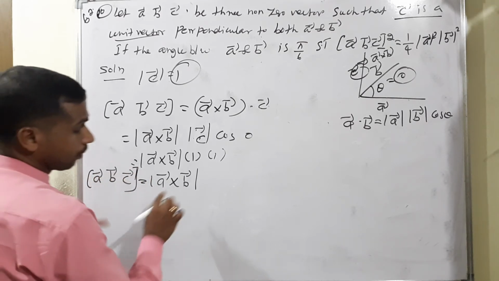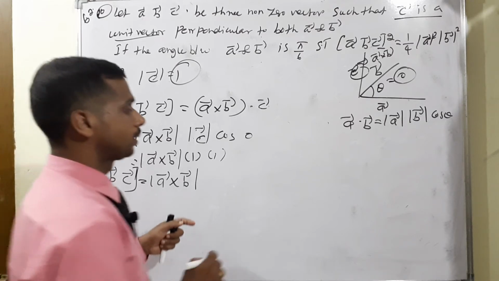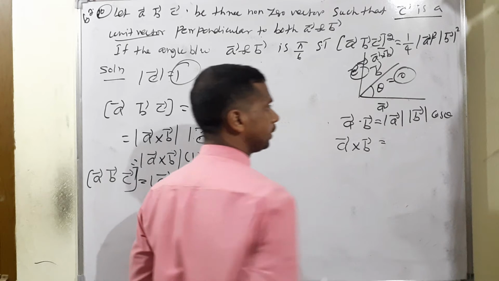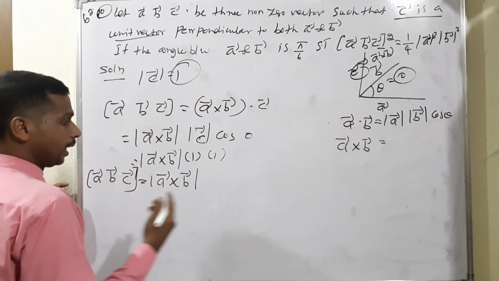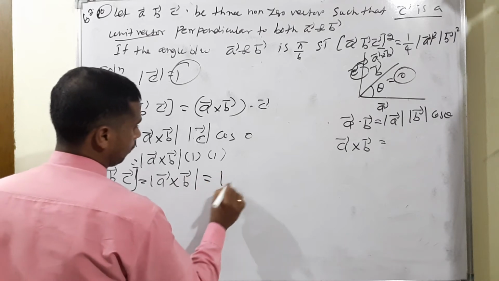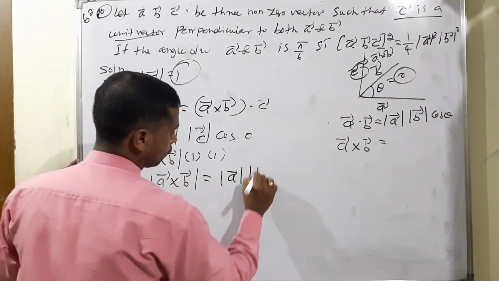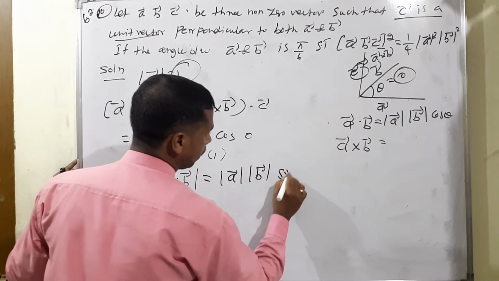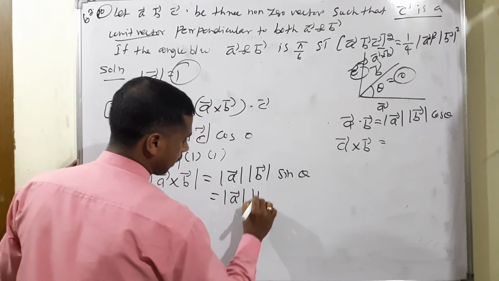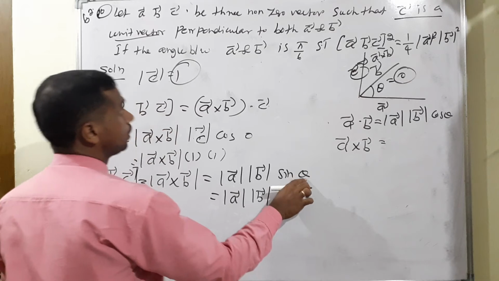Now this is A vector cross B vector, already we know the formula. A vector cross B vector means the same condition into sin theta n cap, isn't it? So n cap means unit vector, the value we have is 1. Therefore, modulus of A vector into modulus of B vector into sin theta. So modulus of A vector and modulus of B vector as it is, theta value is given.